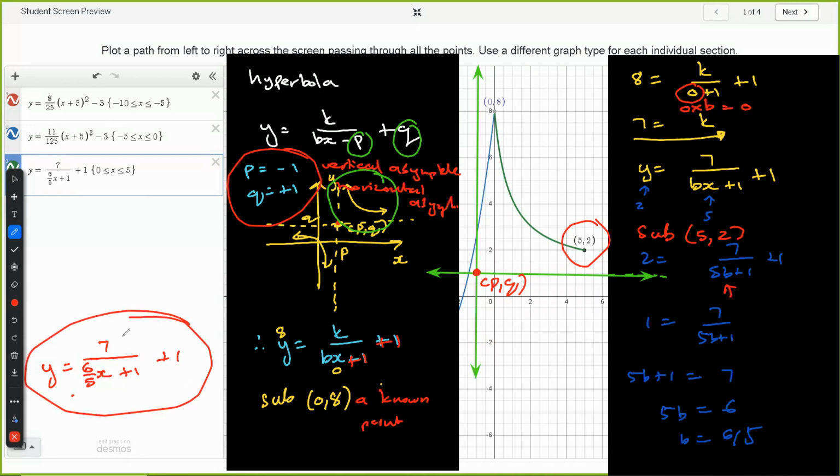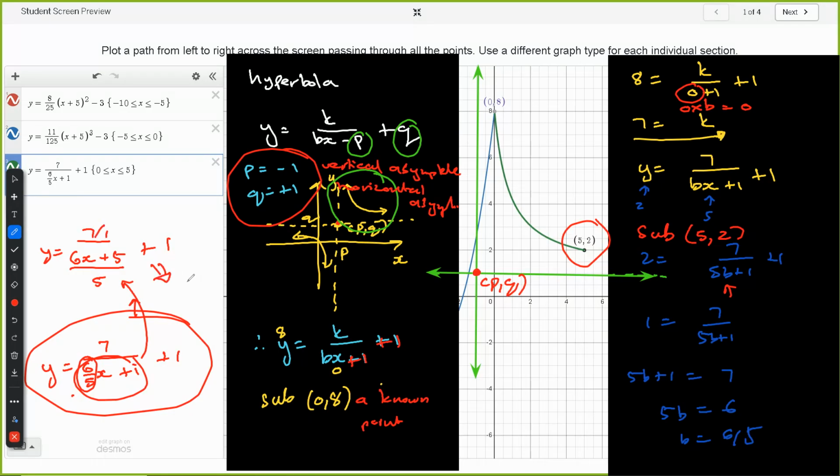And I can simplify this into a non-fraction form by taking the 5 and multiplying it on the other side. So if I took 7 and I put 6x plus 5 times 1 is 5, and this is all over 5. If I have to convert this into a fraction, plus 1, and 7 over 1 divided by this will become 35.